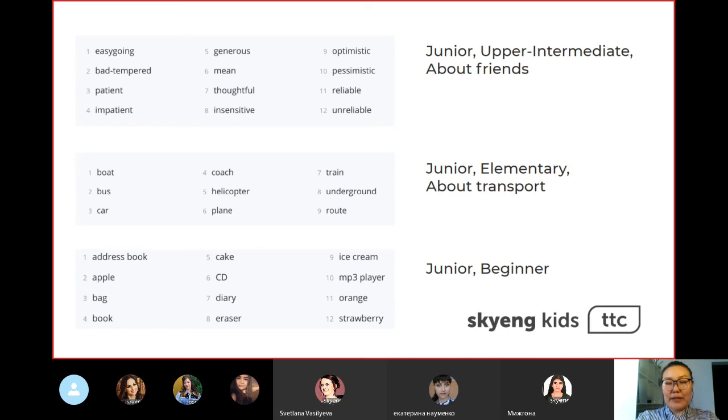Okay, Veronica, I'd like to discuss context. What context would you set for this vocabulary? For example, we can show some pictures of different people with different emotions on their faces, and we can ask some questions. For example, do you see these people?